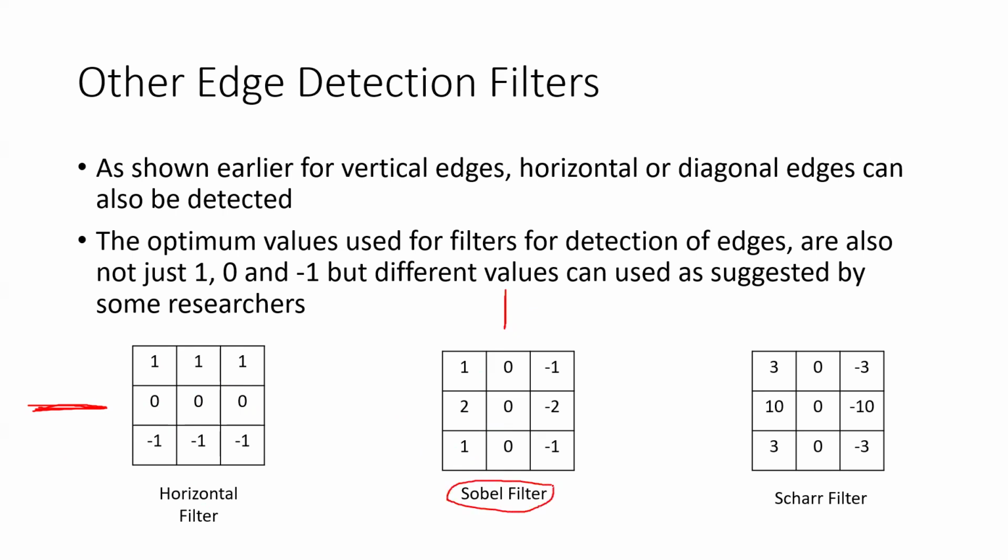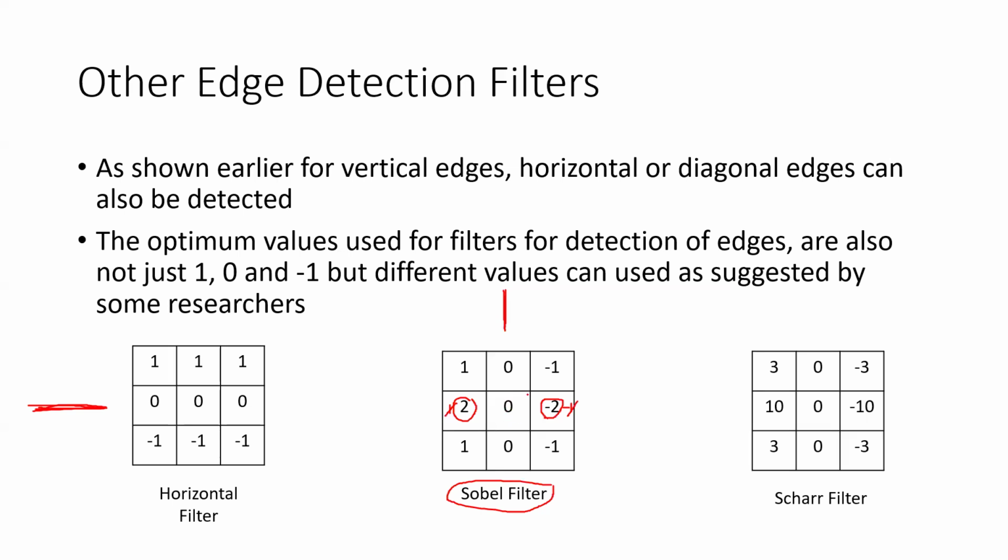It's a modified version of the filter we have used up to now, where instead of plus one, plus one, plus one, it is using plus two in the middle, and instead of minus one, it is using minus 2 in this pixel, right? So that means it is giving a much higher weight to the middle section value.